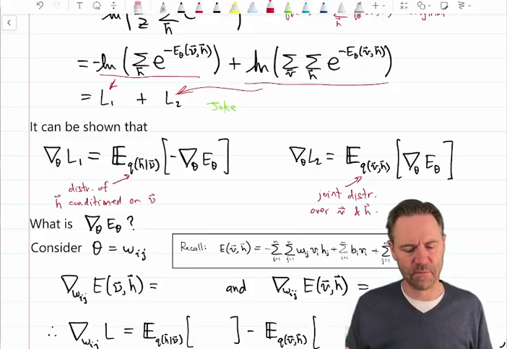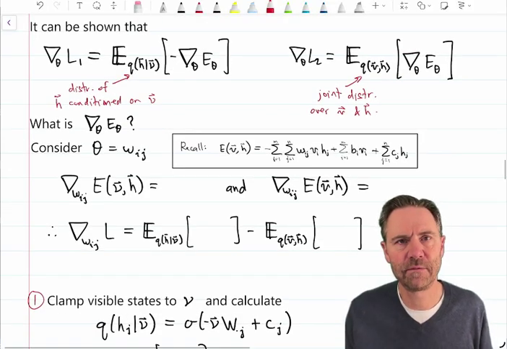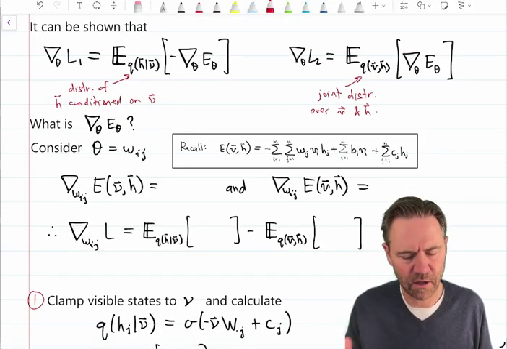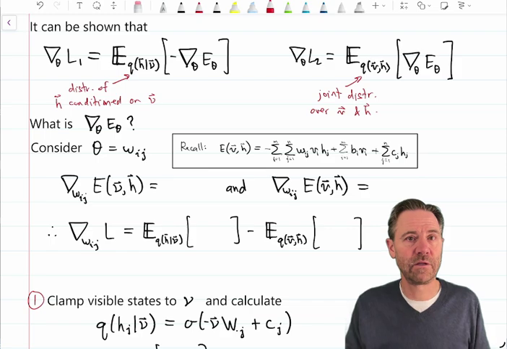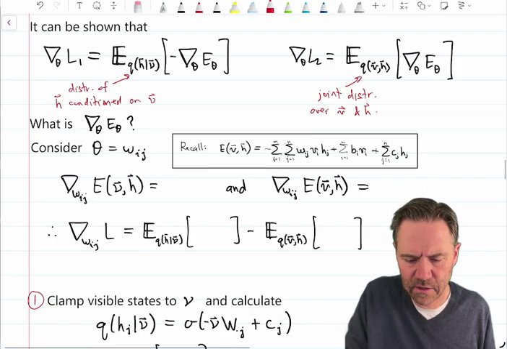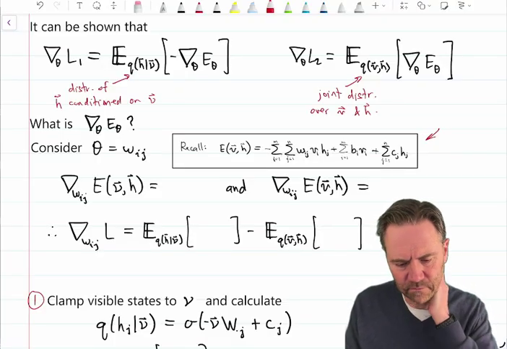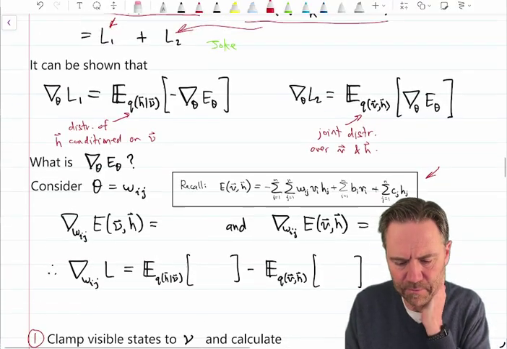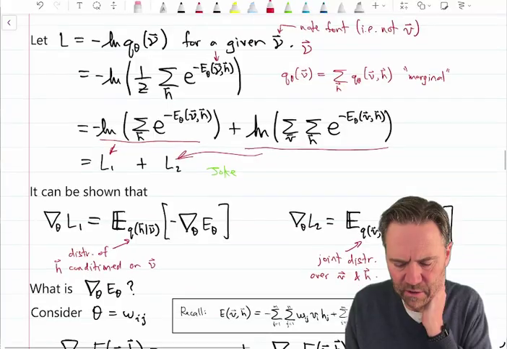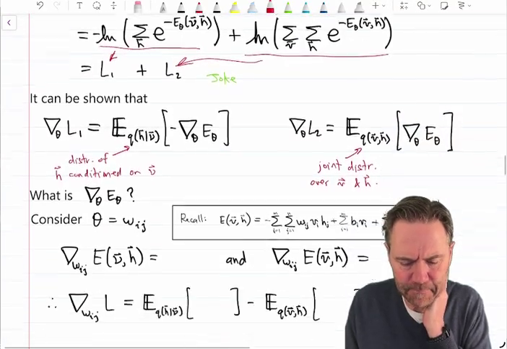Okay, so what is the gradient of E with respect to theta? Let's consider a particular parameter, W, the weight from i to j. Now recall, this is our energy function. I'm a bit bothered by the fact that there's a minus sign in one and not in the other. Well, we'll see.